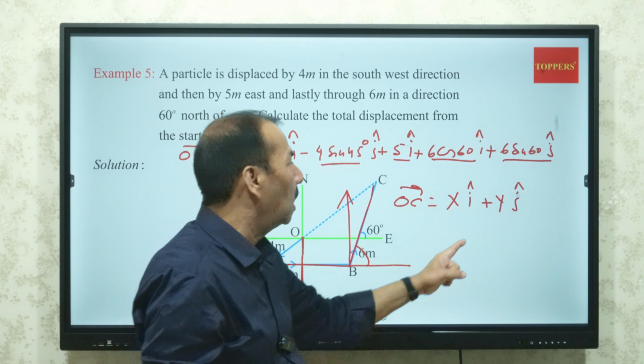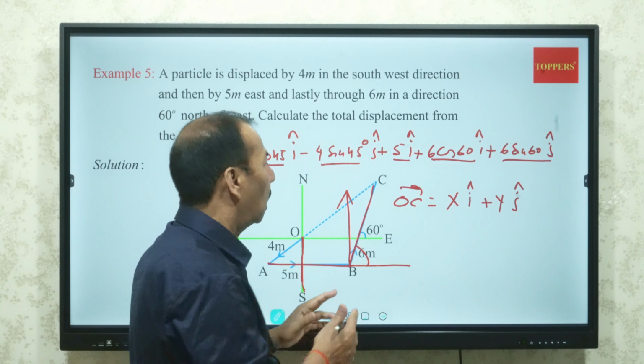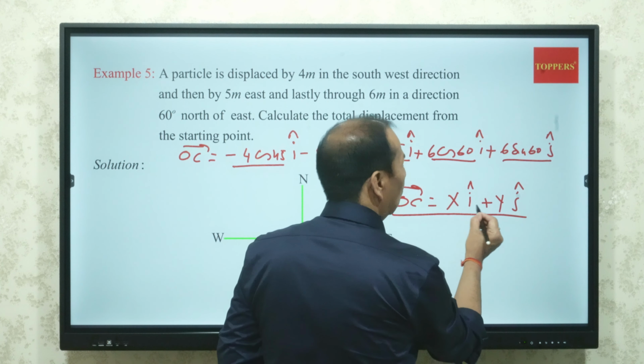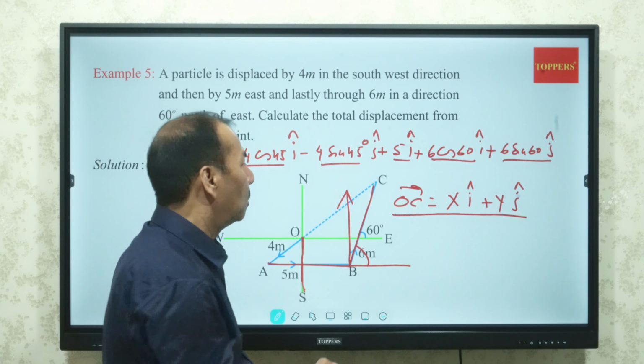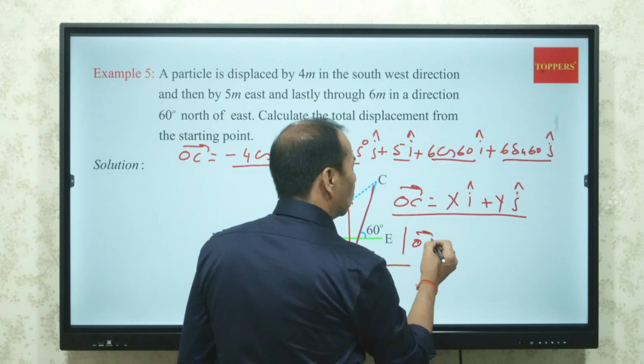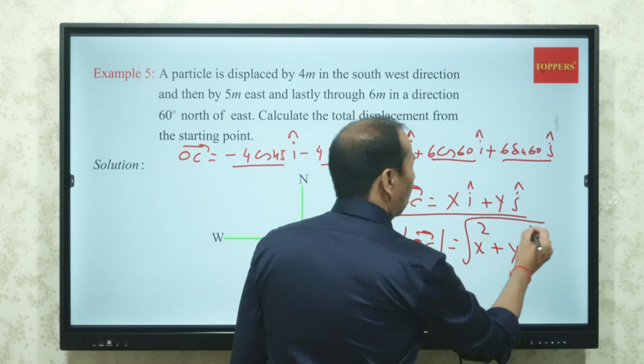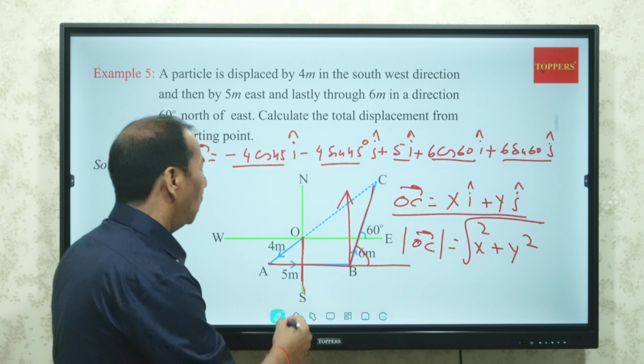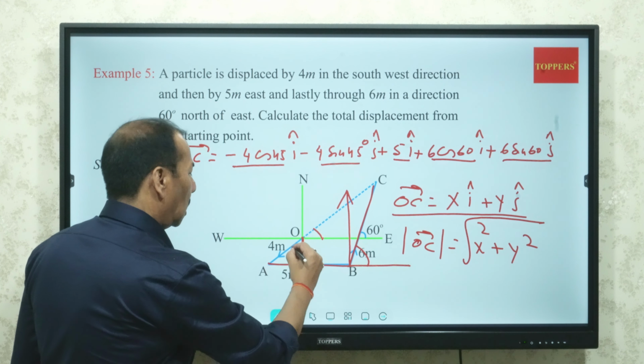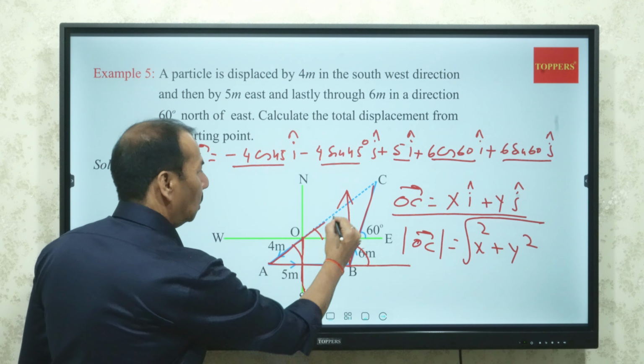Once we simplify, I am taking that as y. So finally we got, let us say, OC is equal to xi plus yj. So what will be the magnitude of this displacement? The magnitude of OC is equal to the square root of x square plus y square.